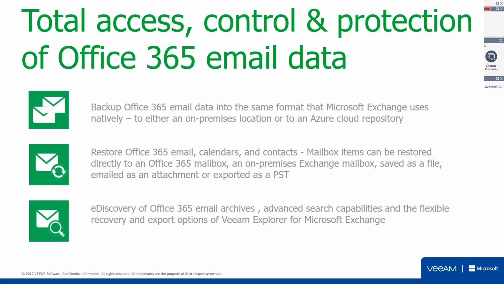The cool thing about that is not only do I get the capability to recover the entire mailbox, but of course, because of the cool Veeam Explorers, I can restore email, calendars, contacts, mailbox items. I can restore them directly to Office 365. I can restore them to an on-premises Exchange mailbox. We can save them as a file. We can save email as an attachment, export it as a PST file. You've got all kinds of really cool options.